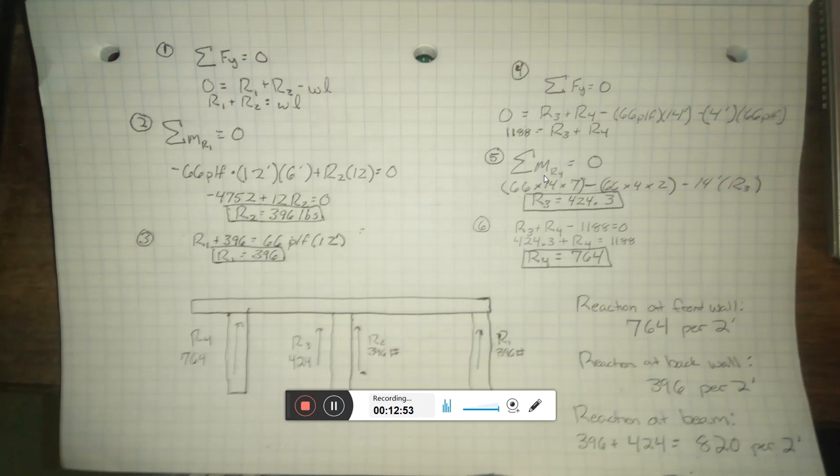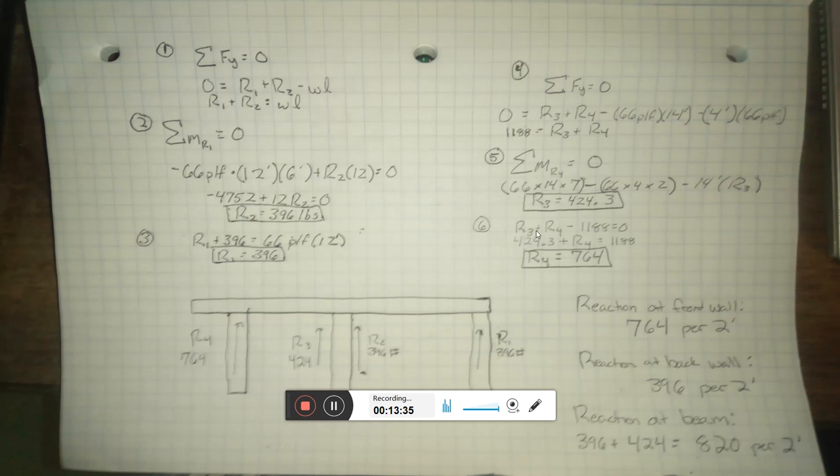Taking the moment around R4, you have the 66 times 14 times 7 because it only supports half of this, R3 supports the other half, minus 66 times 4 times 2, which is this section right here, which is 4 feet long. And then you subtract 14 feet times R3, you get R3 equals 424.3 when you isolate that, setting it equal to 0.